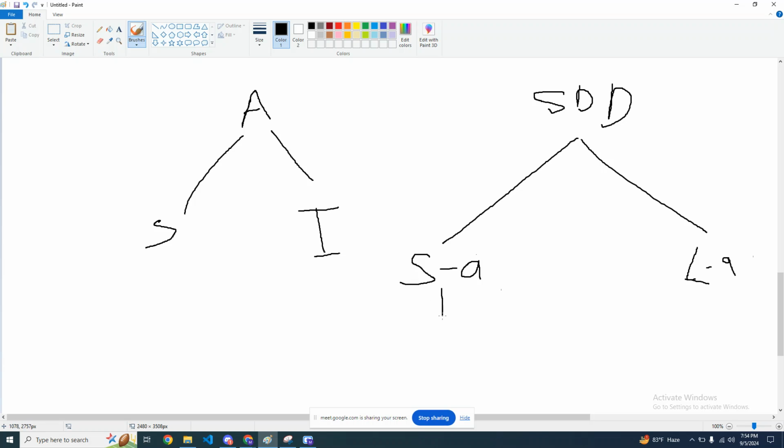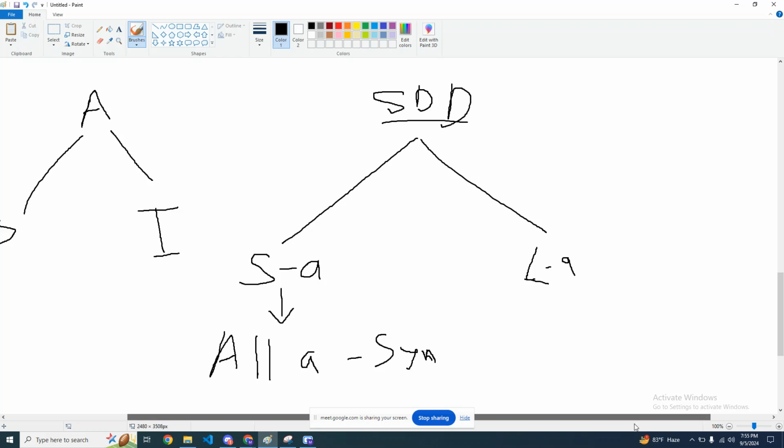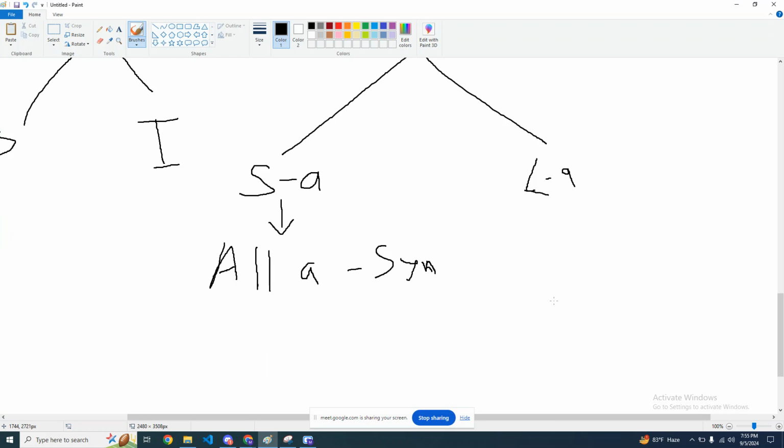S attributed SDDs are basically SDDs with all attributes synthesized. So all the attributes are synthesized attributes. We already know what are synthesized attributes and what are inherited attributes, right?